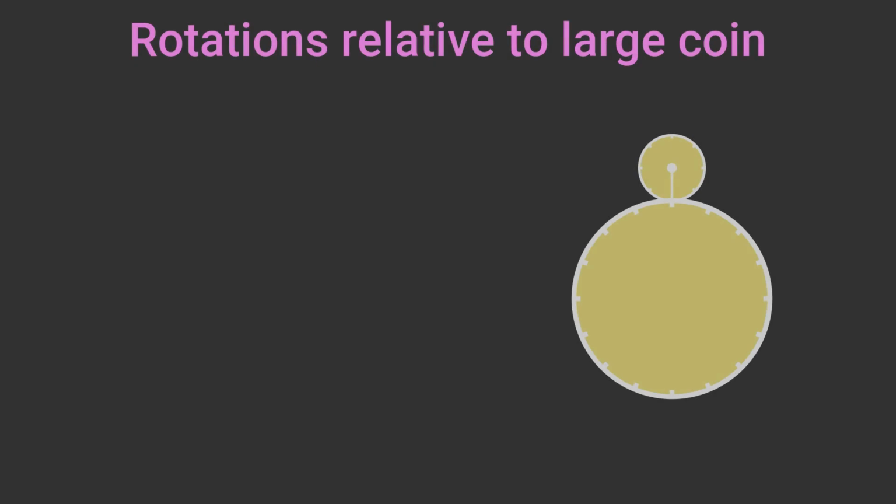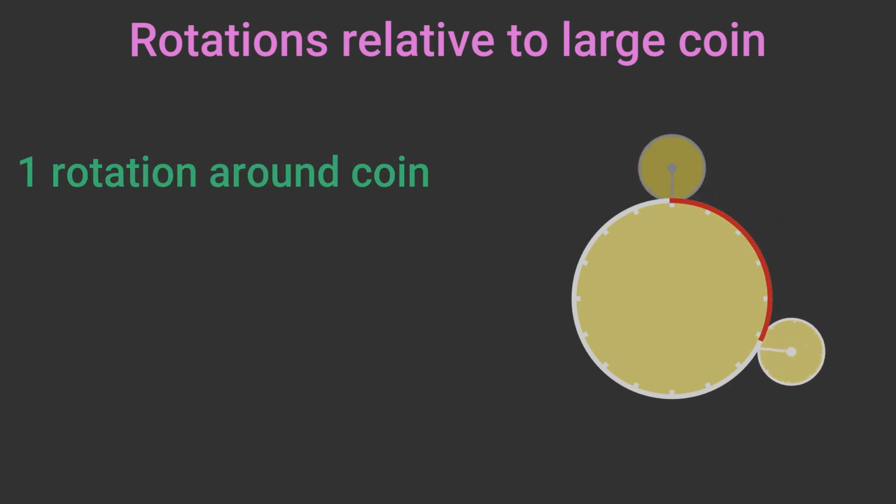We can gain some insight by looking at the rotation of the small coin relative to the large coin. When we start, the line on the small coin is pointing at the centre of the big coin. If we roll the coin until the line points at the centre once more, then we can see it has gone a third of the way around the big coin.